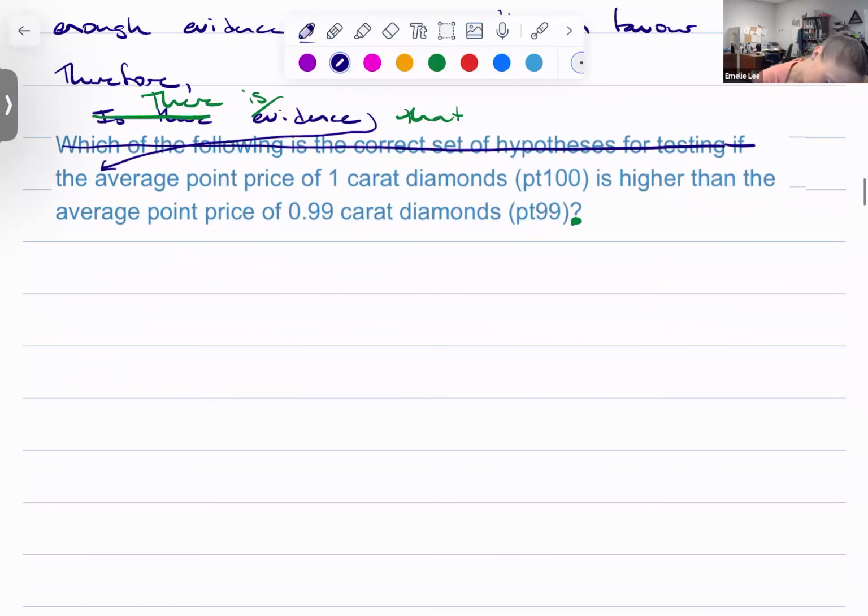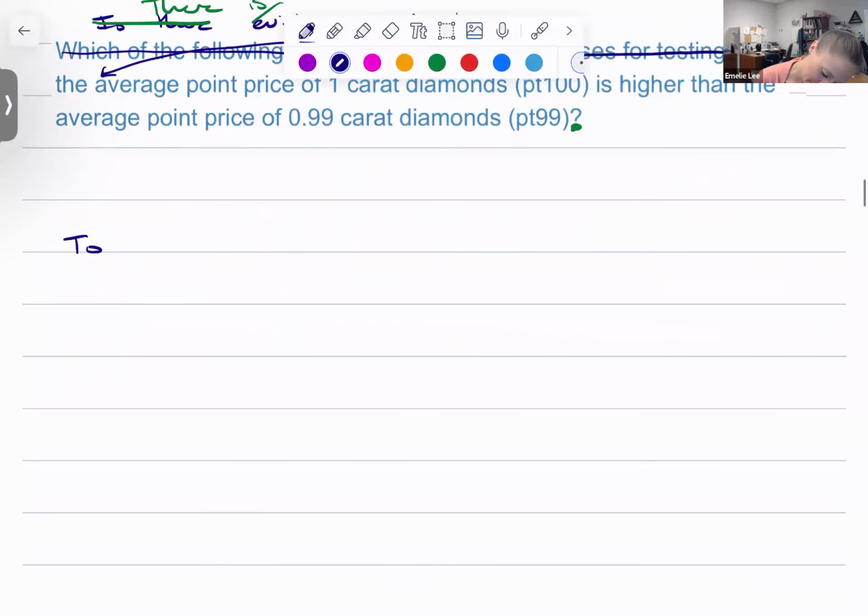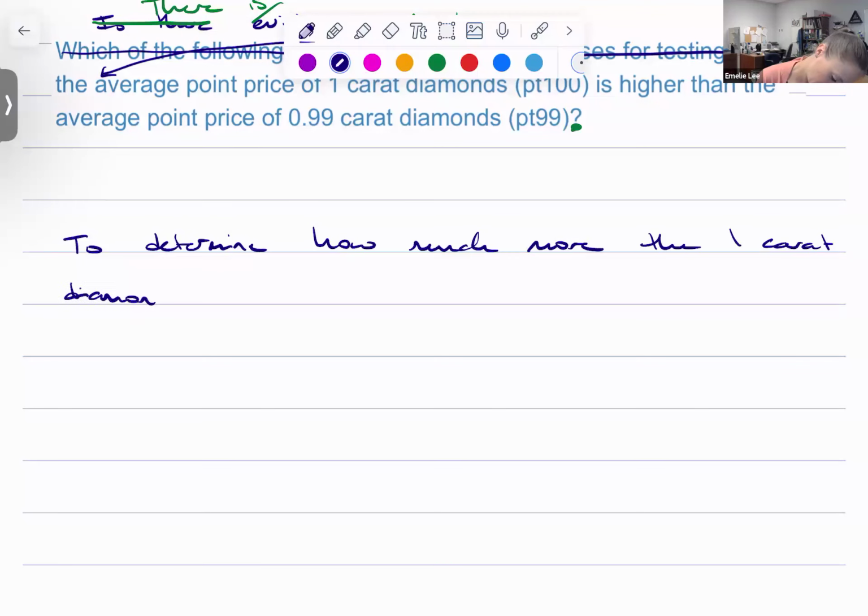The next step is to determine how much more the 1 carat diamonds are per point than 0.99 carat diamonds.